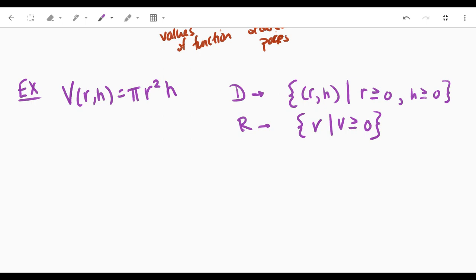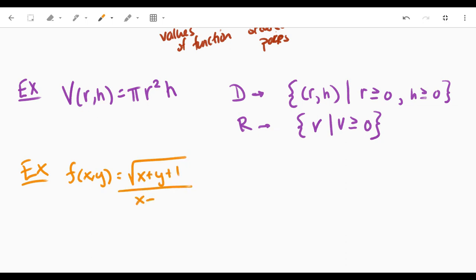Okay, another example, one without a context to it. For this one, your domain, think about it here for a second, x, y such that x and y together have to be greater than or equal to -1.